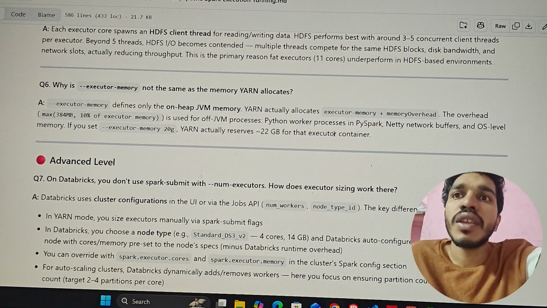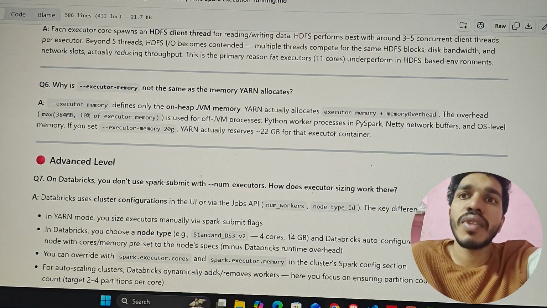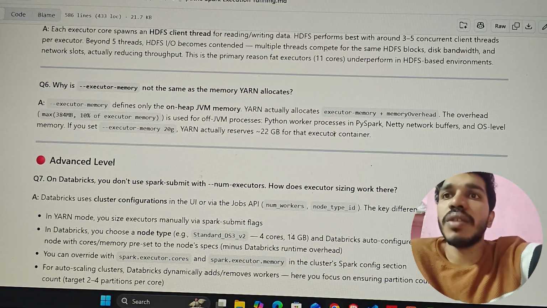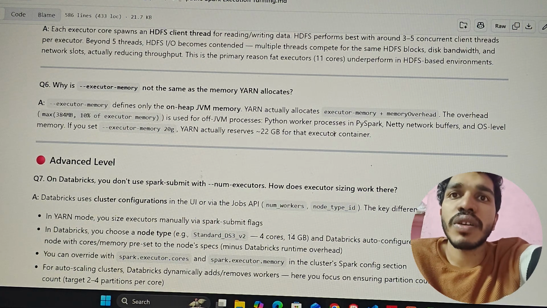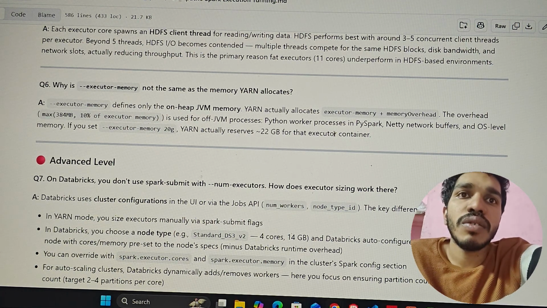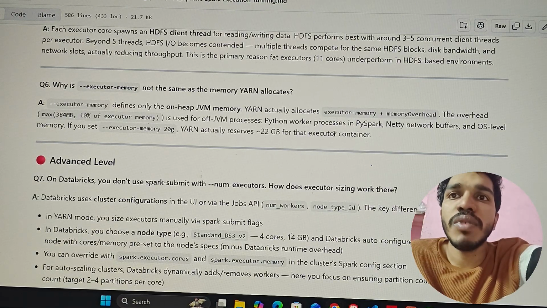The overhead is 384 MB or 10% of executor memory, used for off-JVM processes, Python worker processes in PySpark, network buffers, and OS level memory. If you set --executor-memory 20G, YARN actually reserves 22 GB for the executor container.